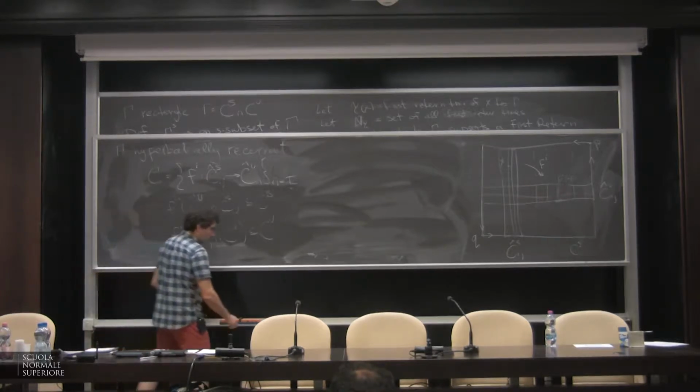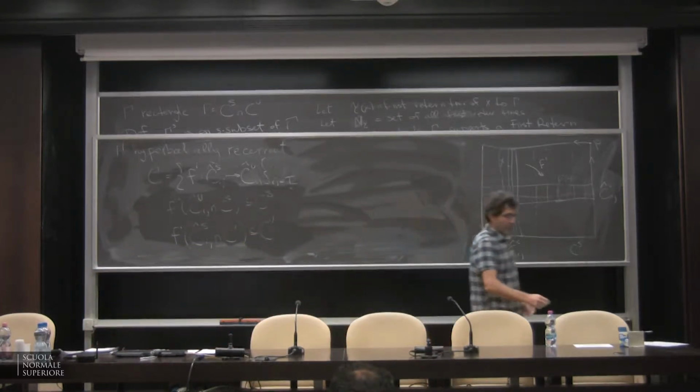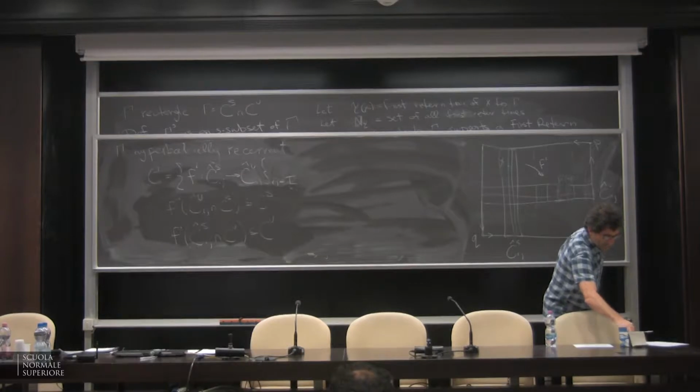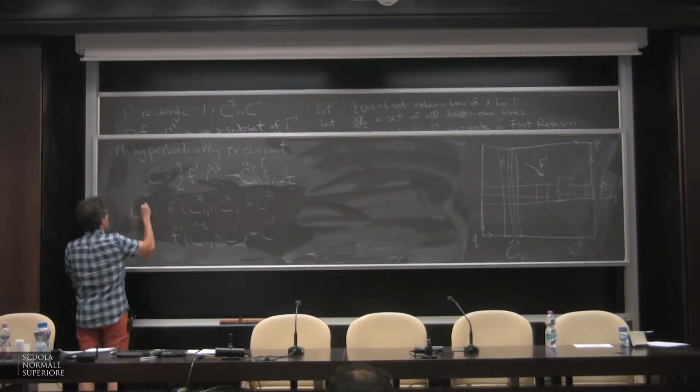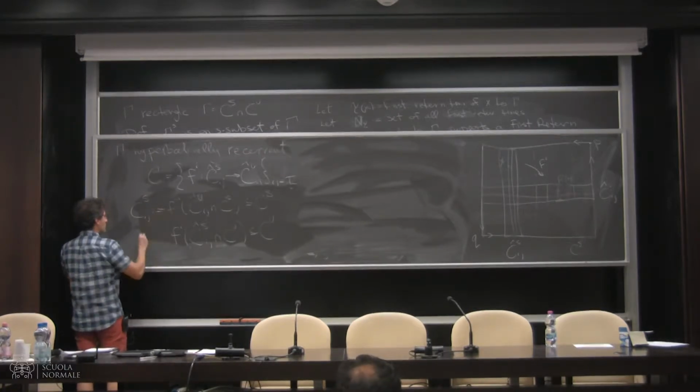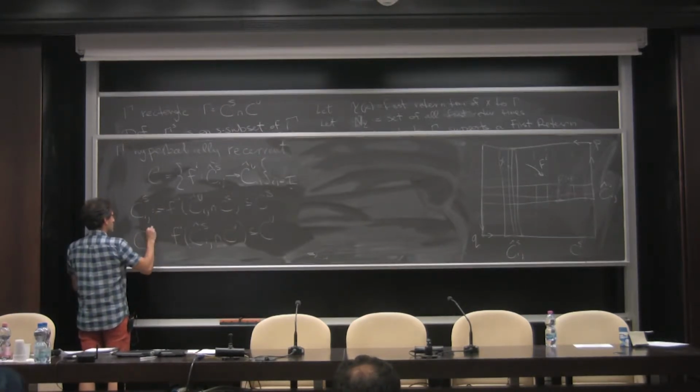So I will use some notation for this set of leaves. Let's call this C S i j, and let's call this C U i j.